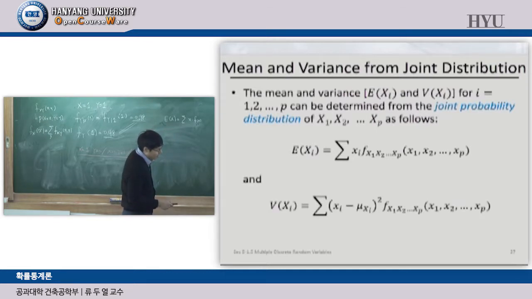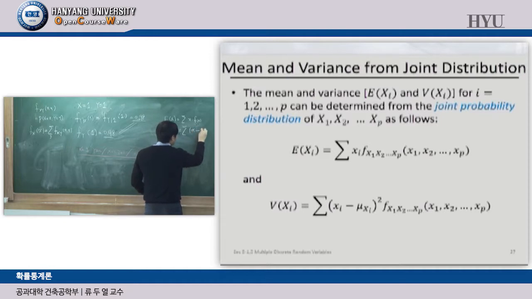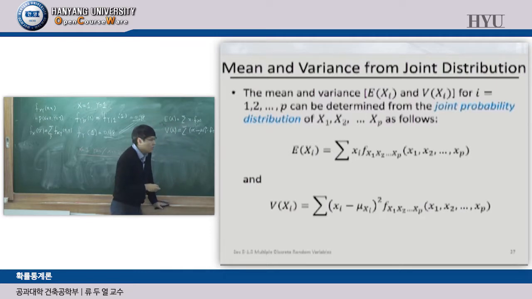And also, the variance can be expressed by this equation. The variance of the ordinary or normal probability mass function was the summation of x minus mu squared times the probability mass function. Okay?